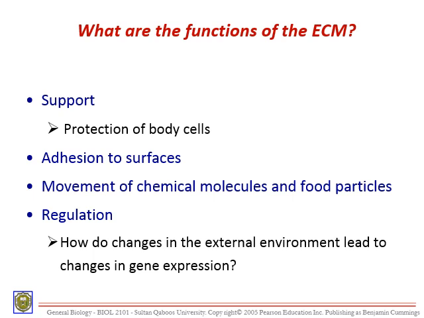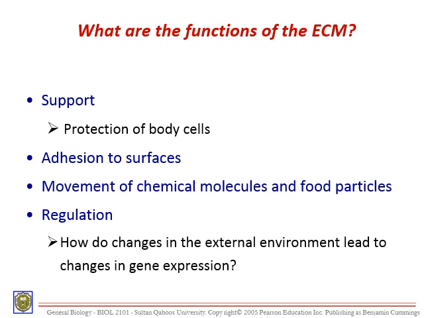All right, so we have seen the structure of the extracellular matrix. Now, let's talk about its functions. The functions of the extracellular matrix. Number one, the first function of the extracellular matrix is mechanical support. It gives the cell mechanical support.